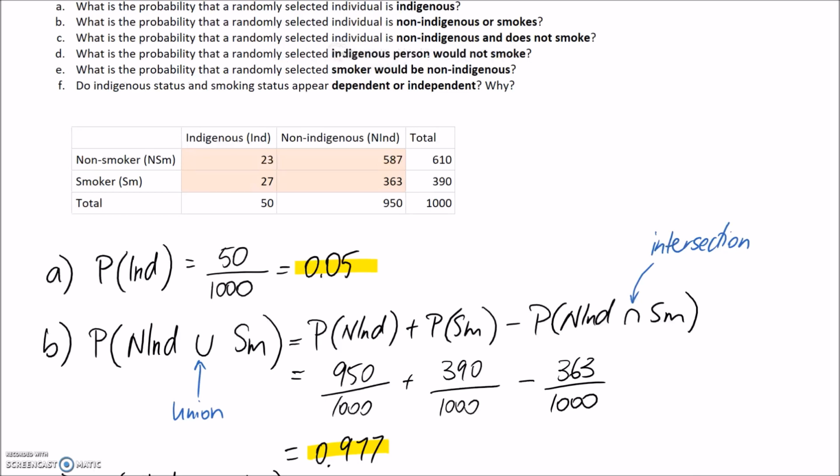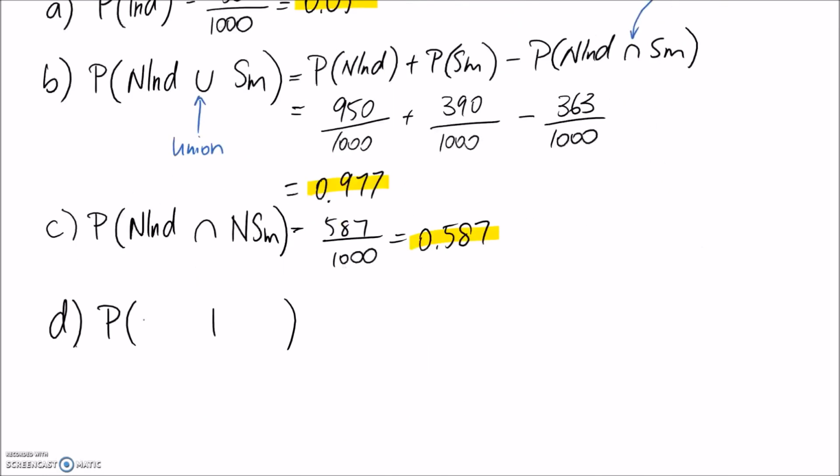So the condition is that we need to pick an indigenous person. That's fixed, okay? It's the smoking status which may change. So indigenous is the condition, not smoke is the event. So that's how we write it. Remember the second one, okay, is the condition.